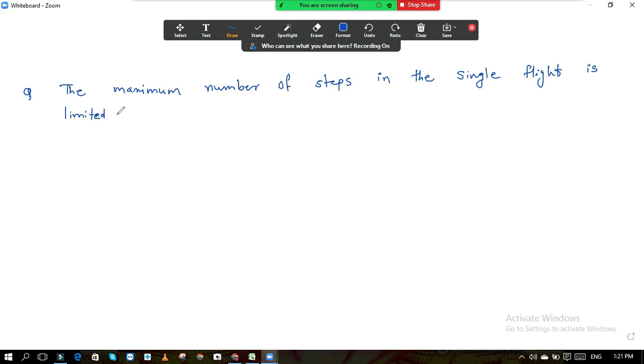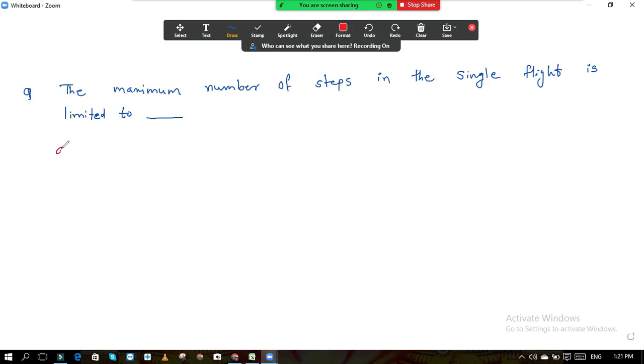So the first question is: the maximum number of steps in the single flight is limited to dash.